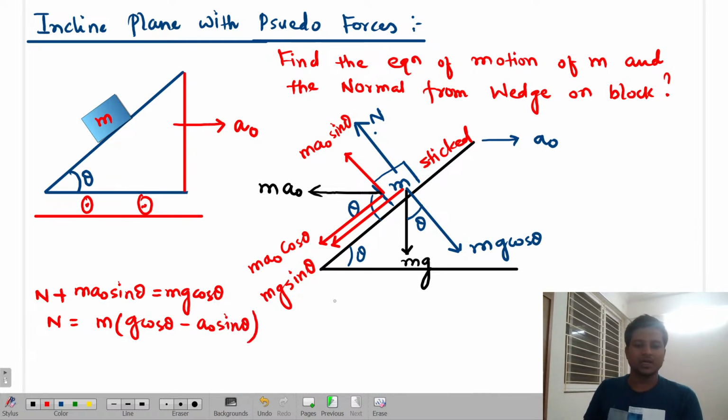And if I look into the mass equation, if we look at the force, there is no force in the opposite direction, isn't it? Are you able to get me or not? So which two forces are pulling this block? These two forces.